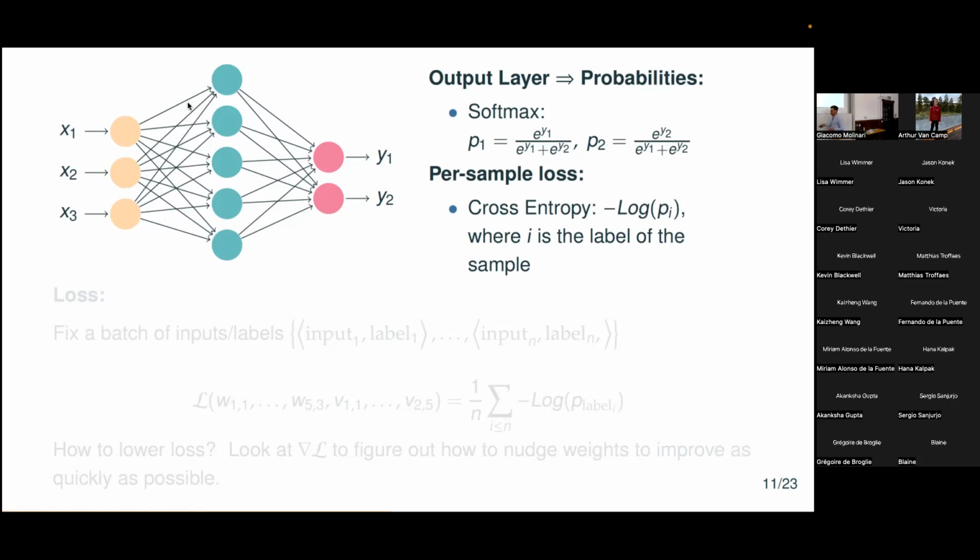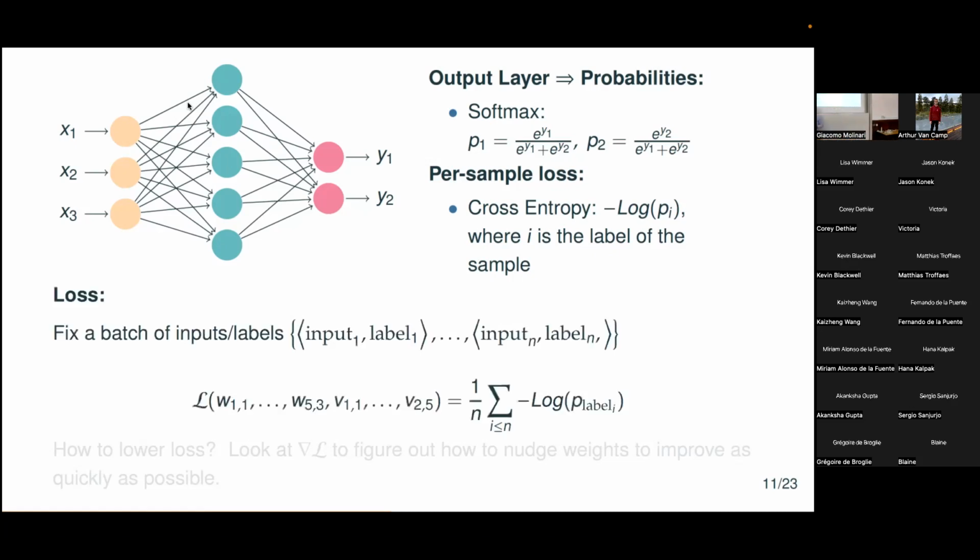Okay, and really, we're not going to do this for a single sample. We're not going to train it each time on a single sample. We're going to give it a batch of samples, and then we're going to average the error that it gets for this sample, and this sample, and this sample, and this sample.